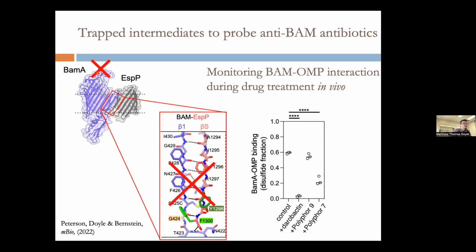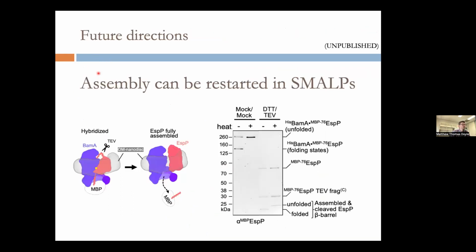So this is to emphasize that we have very good tools to investigate new compounds that target these proteins. And not only this, we can capture and restart folding intermediates in vivo, but in the discs, we can do that as well.